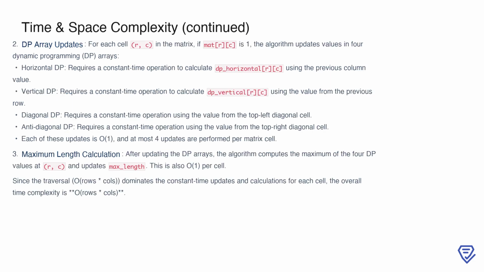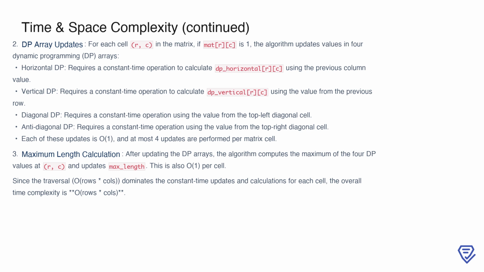In addition to the traversal, the algorithm also updates values in 4 dynamic programming arrays for each cell when the value is 1. These updates include the horizontal DP, which uses the value from the previous column, the vertical DP, which depends on the value from the row above, the diagonal DP, which refers to the top left diagonal cell, and the anti-diagonal DP, which uses the top right diagonal cell.